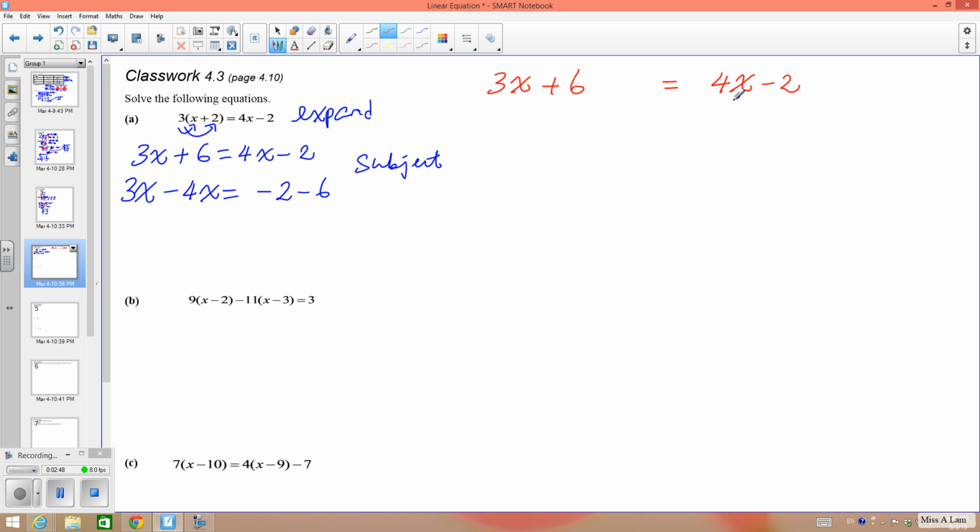And then if I want to remove 4x from the right, and if there's nothing in front, it means it is positive, plus 4x. Therefore if I want to remove 4x, we have to minus 4x. And then what we have done on the right, we do the same on the left.